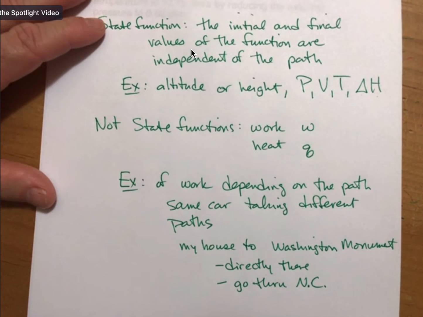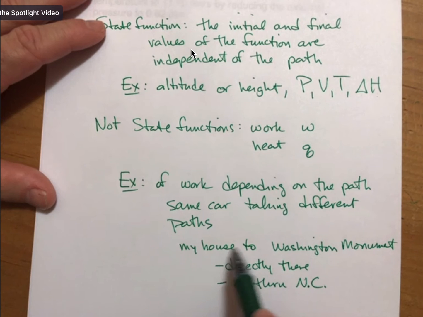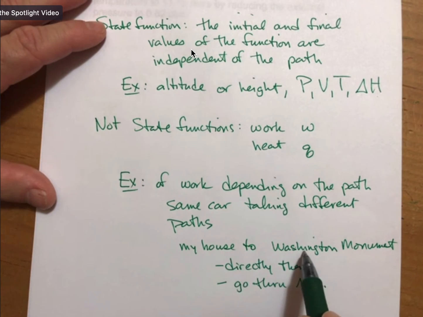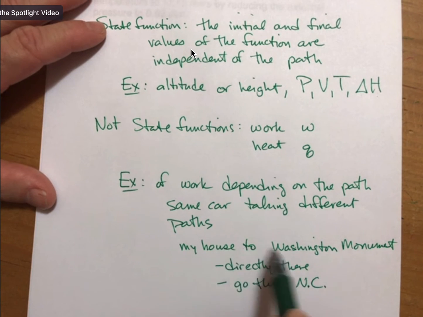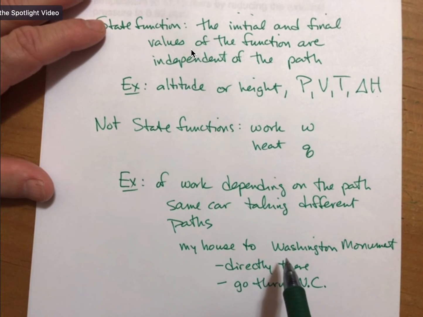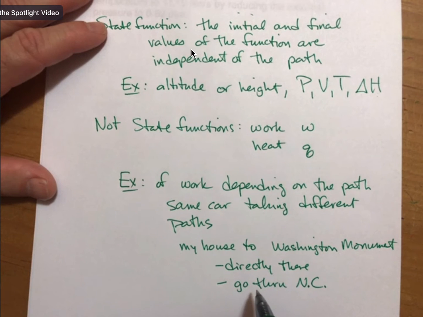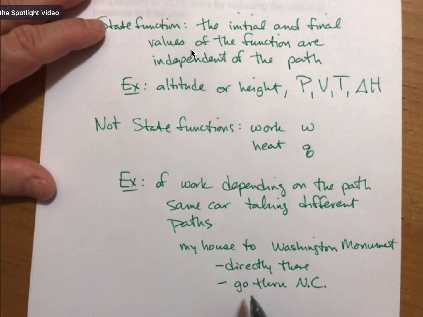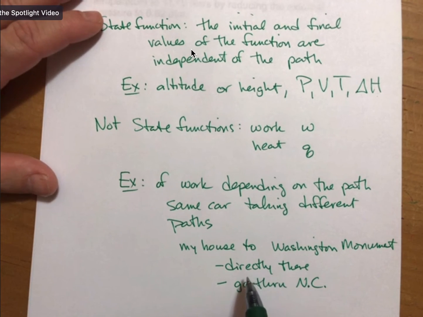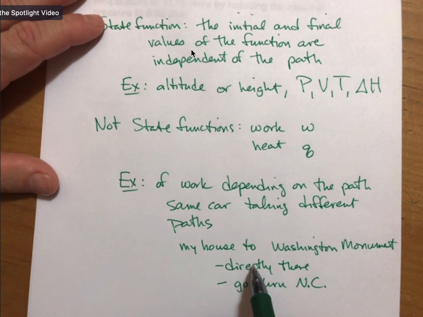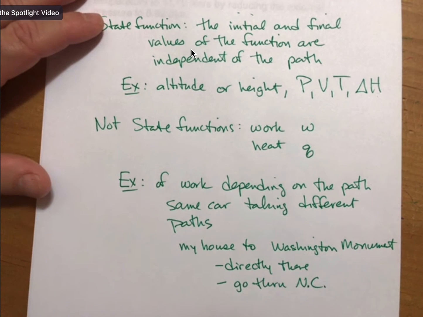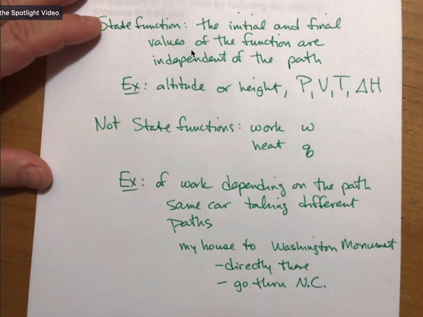And the distance from my house to the Washington Monument will be the same. So distance is a state function, but the amount of work it takes for me or my car will be different. I guess I could also walk there, which would take one amount of work, and then I could walk down to North Carolina and then to the Washington Monument. Anyway, work is not a state function.